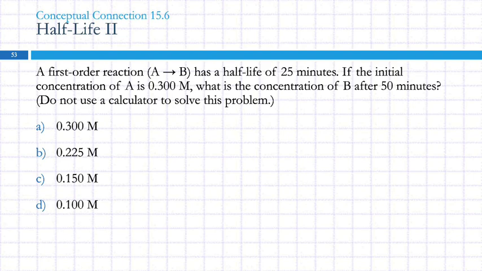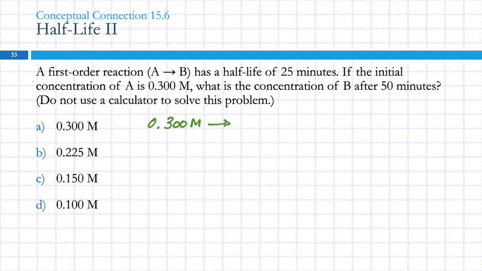Another first-order reaction, the half-life is 25 minutes. If the initial concentration is 0.3 molar, what is the concentration after 50 minutes? Do not use the calculator. Okay, so this is the Chem 3A method of doing half-lives. There's an equation, and we could figure it out, but we're not going to. It starts with 0.300 molar.